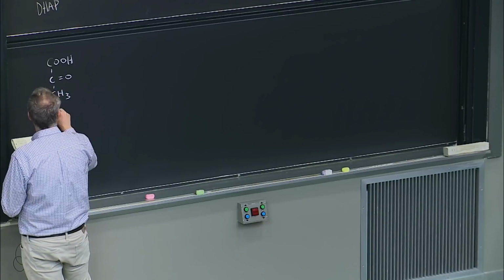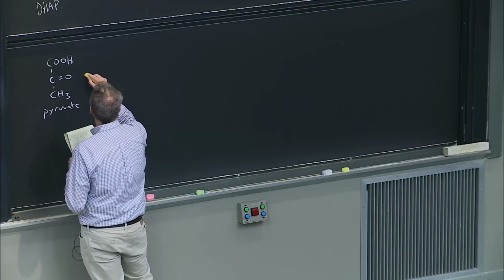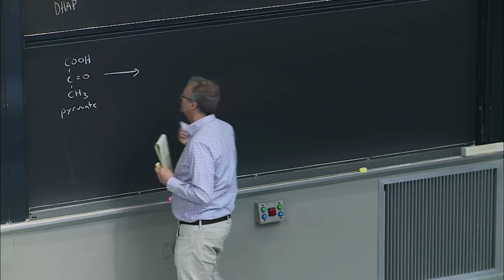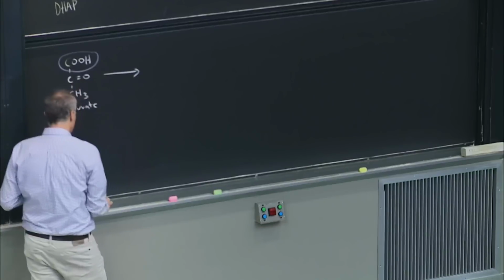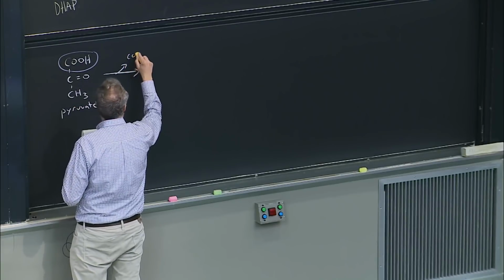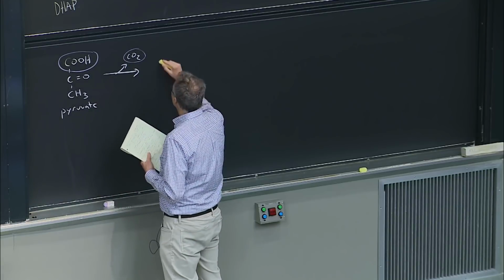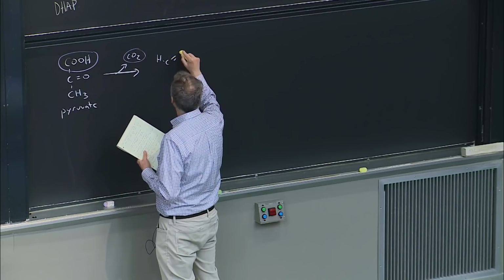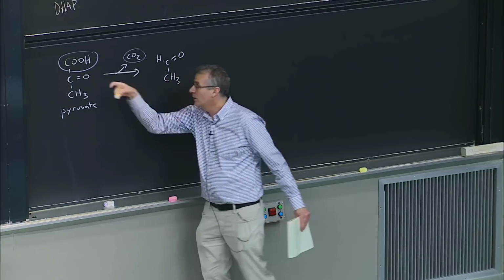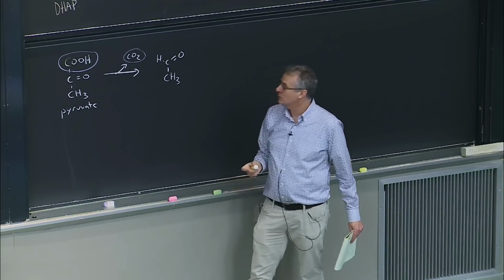So here's pyruvate. First thing that happens is we lose this CO2, without a change in oxidation state at the second carbon, at the ketone in pyruvate.